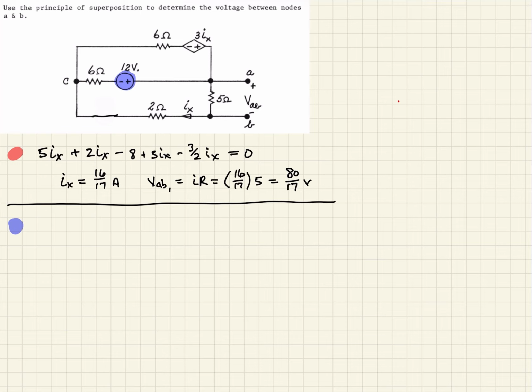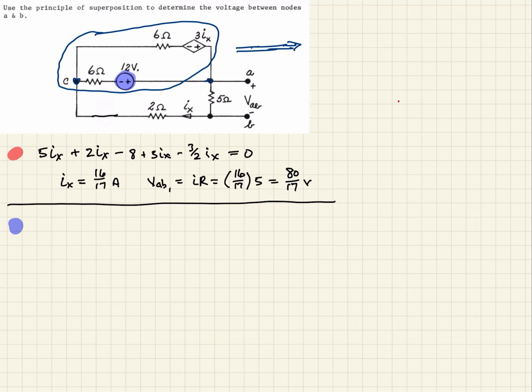And so now we want to do another source transformation to try to simplify things again. So to do that, let's come back over here. Again, we're looking at this portion here between these two nodes, the top part.